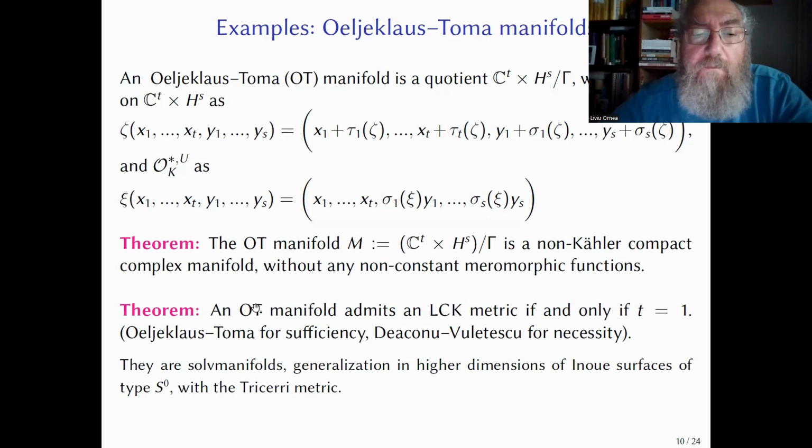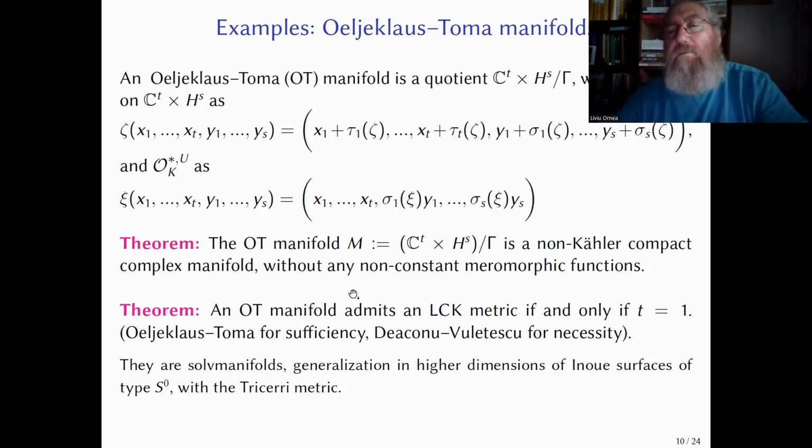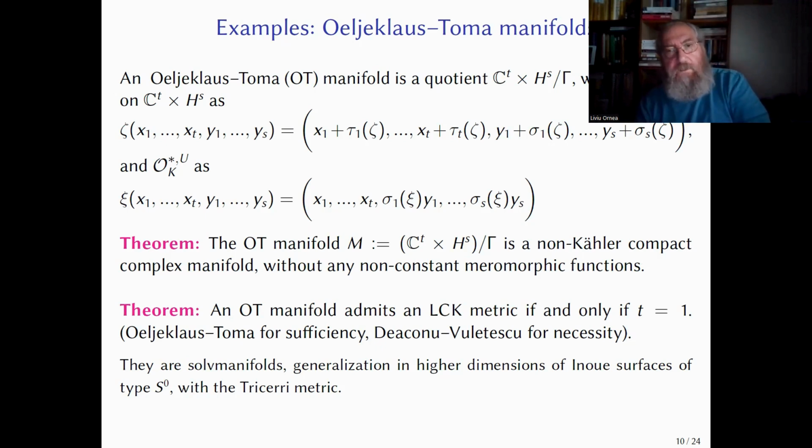And it admits an LCK metric only when the cover is C times H^S. Earlier, Oeljeklaus and Toma showed that when T is 1, the manifold admits an LCK metric.